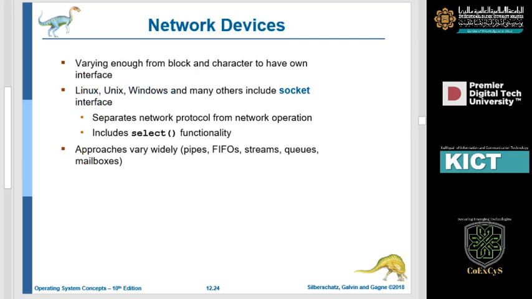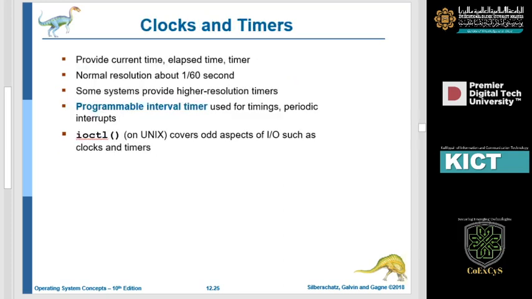Network devices are one of them. It's a bit different from block and character devices. Data basically comes into a buffer, right? And we have to see it as pipes, FIFO, or some kind of stream of data.